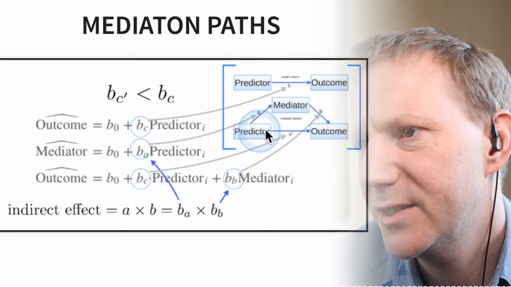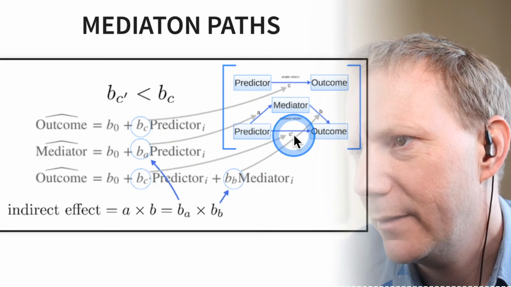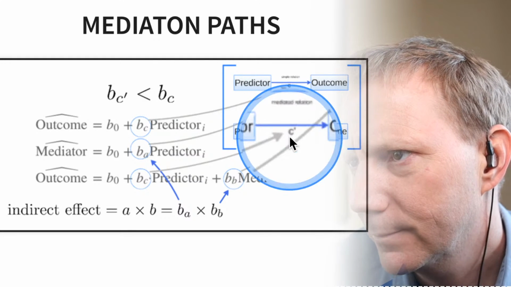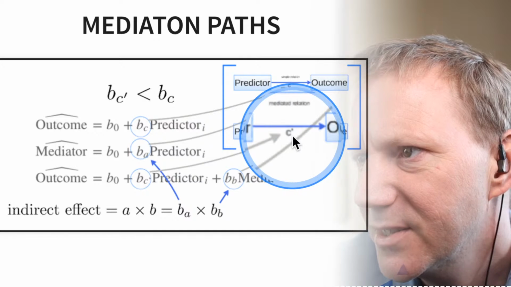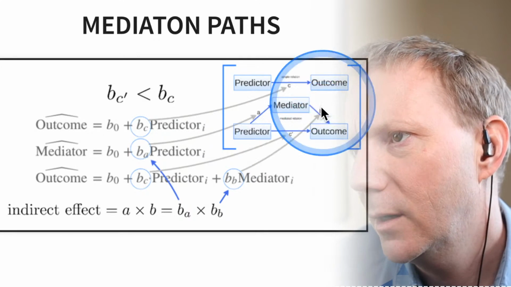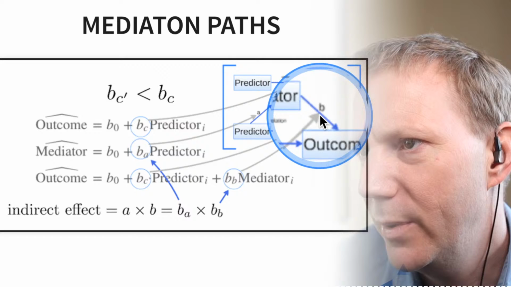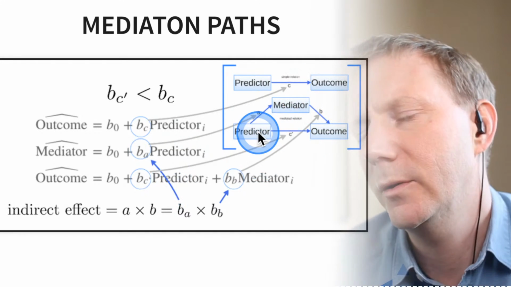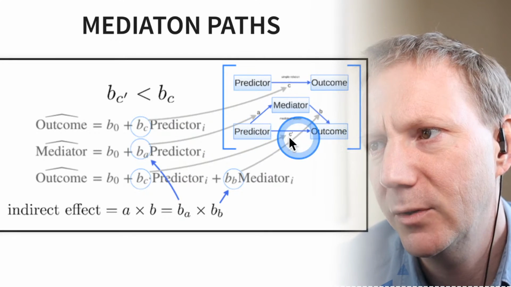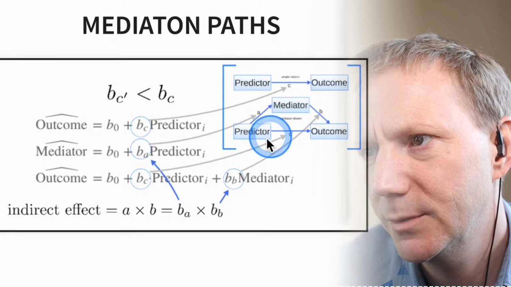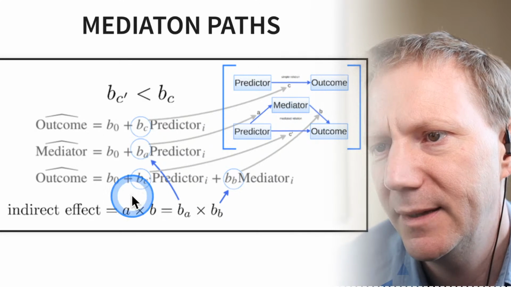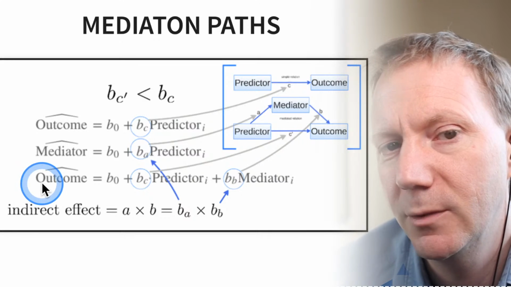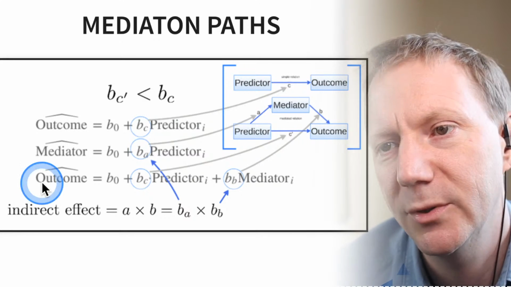So if we look at this, then we have the C accent, and we have a part of the path B. So in terms of a regression model, if you want to predict the outcome based on 2 variables, the predictor and the mediator, then this is just multiple regression with 2 of these variables in them.